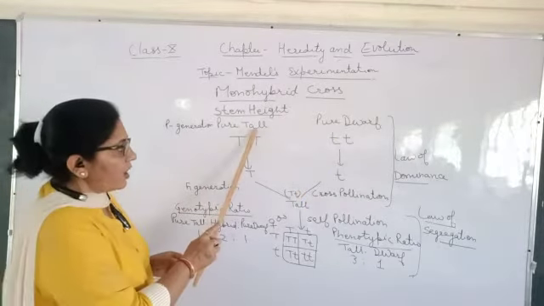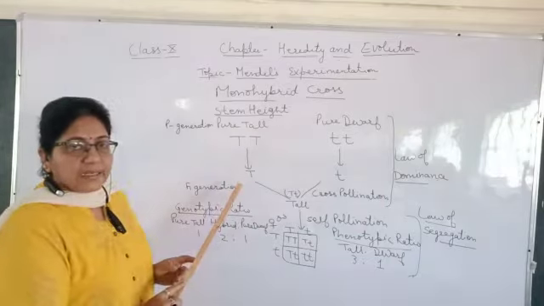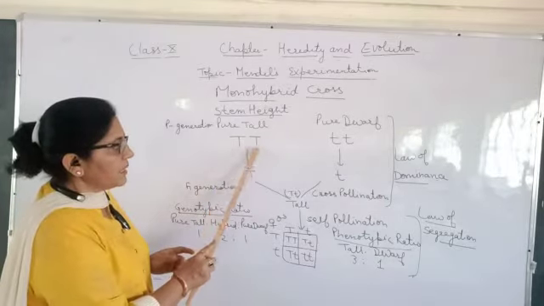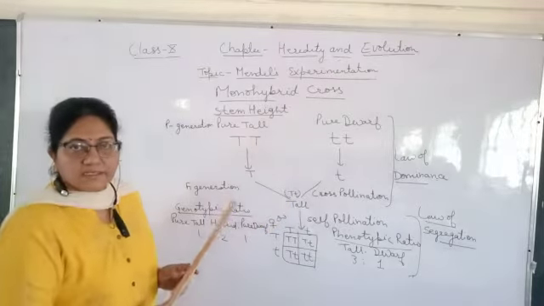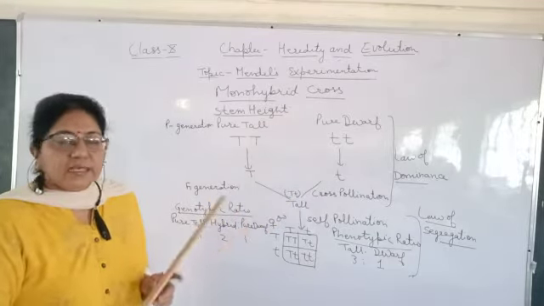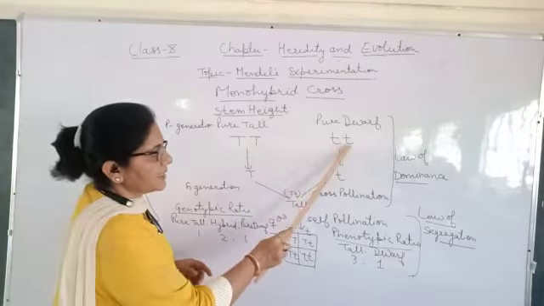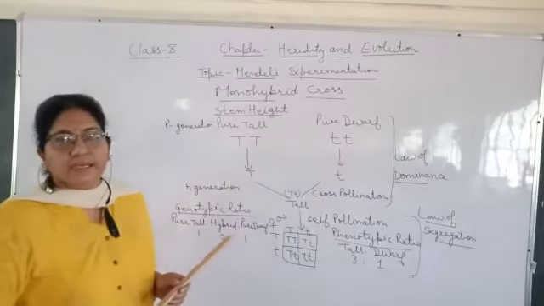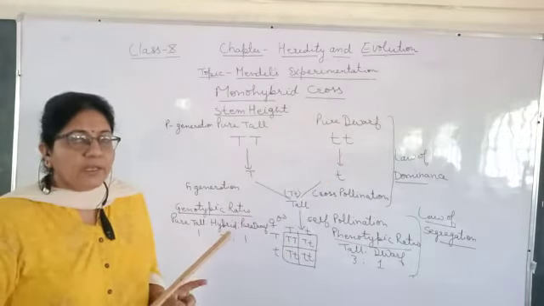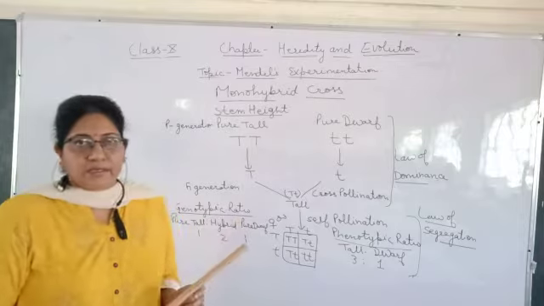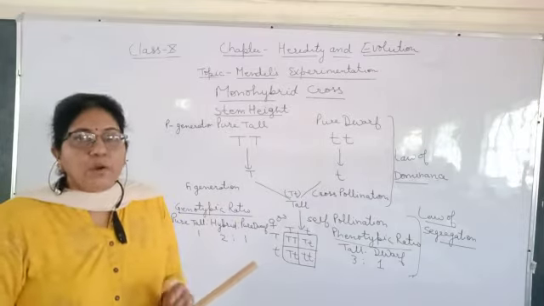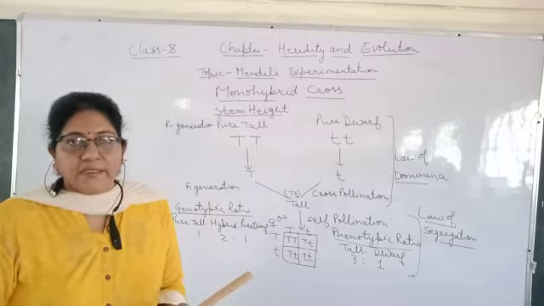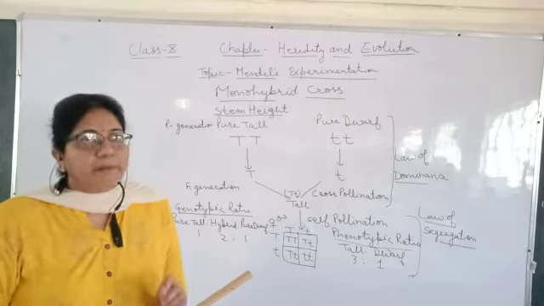The tall plant or the dominant character can express both in the homozygous state as well as in the heterozygous state, whereas the recessive character can express only in the homozygous state. And one thing more: in genetics or during inheritance, no trait is going to be mixed or blended.